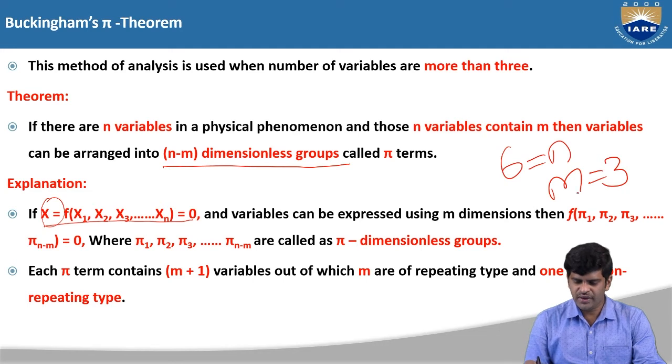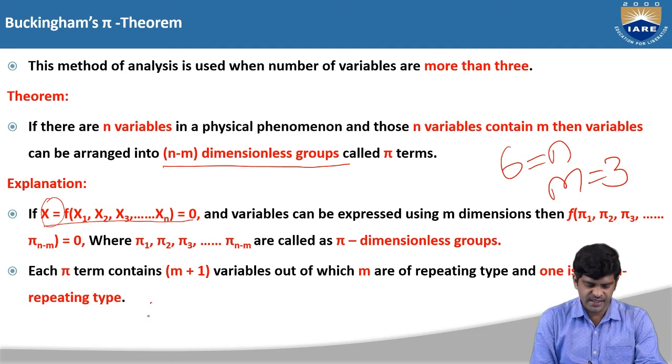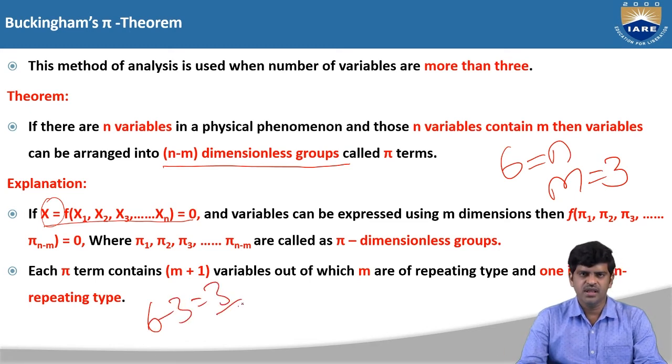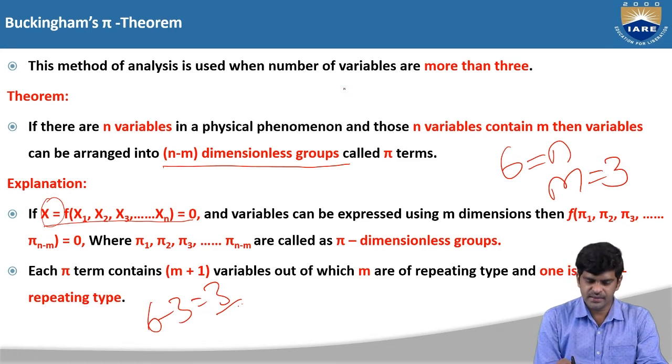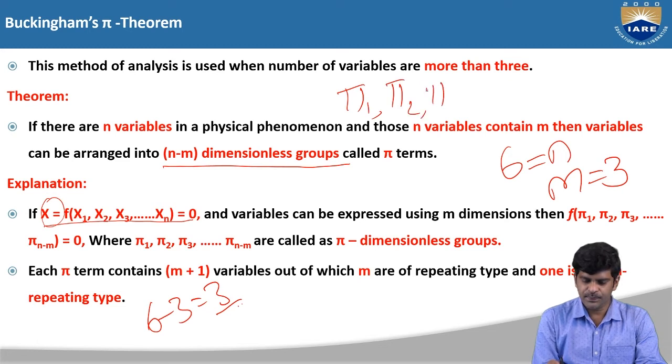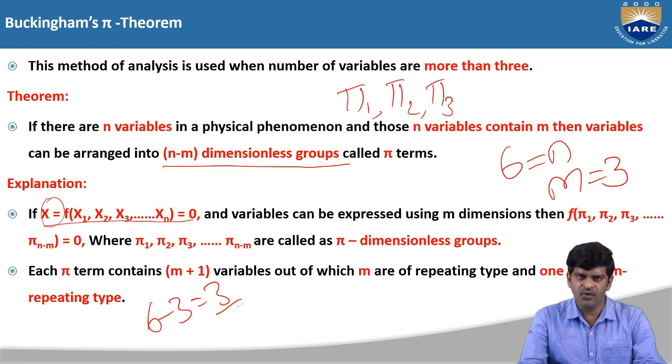According to our example, n minus m, that is 6 minus 3, 3 pi dimensionless groups can be formed: pi 1, pi 2, and pi 3.